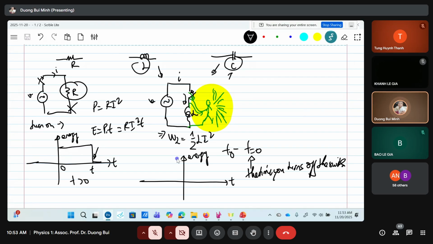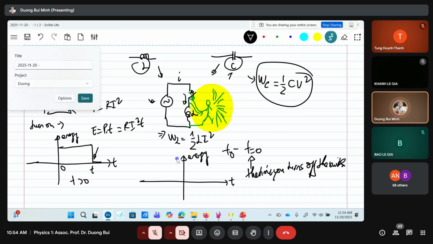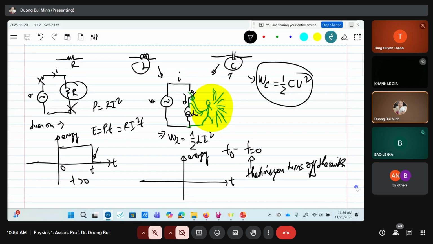And of course, similarly, we can analyze the capacitor's energies. We have W_C is 1/2 C V square. This is the energy stored in the capacitor. Just some examples.